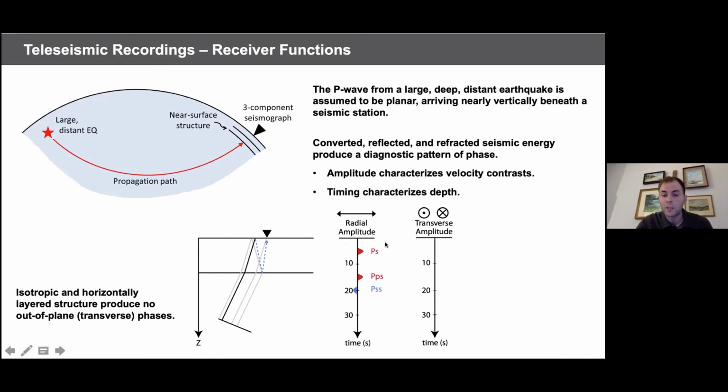And so we can use this pattern of phases to constrain this simple structure. And this is a super simplified example where the interface is perfectly horizontal and all the structure is isotropic. And so in this case, it doesn't matter if we're looking at an earthquake to the north or to the south, east or west, it will produce the same receiver function. But in the presence of anisotropy, or if this interface was dipping, that wouldn't necessarily be the case.